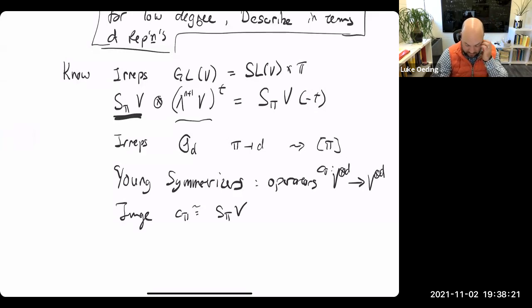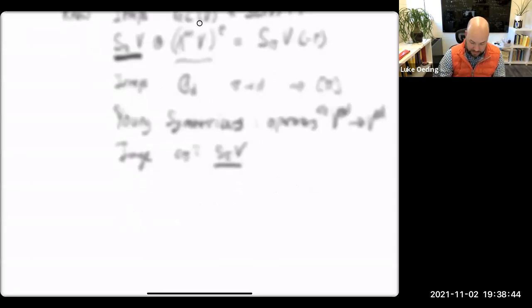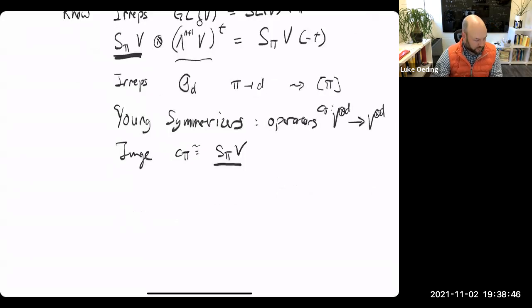You have a basis of the symmetric group representation given by standard Young tableaux, and then the image of that operator gives you a GL V or an SL V representation. And you can take a basis to be the semi-standard tableaux of shape pi and content 0 to n, if you like. Okay, so those are some of the things we talked about.